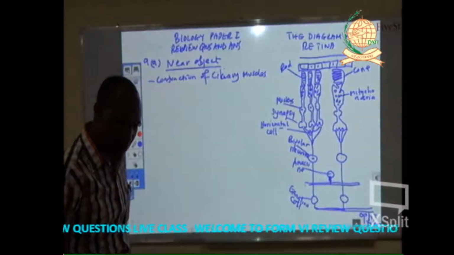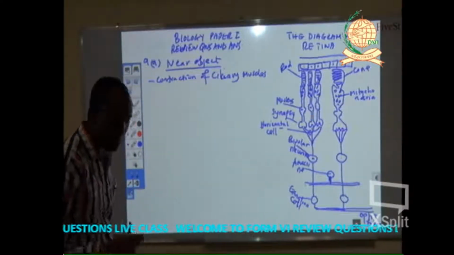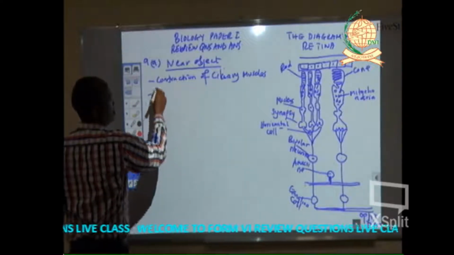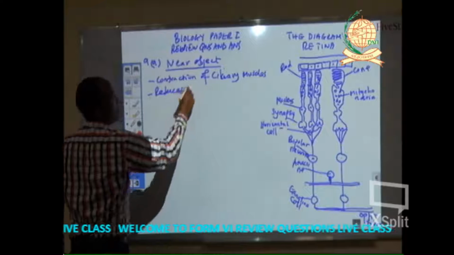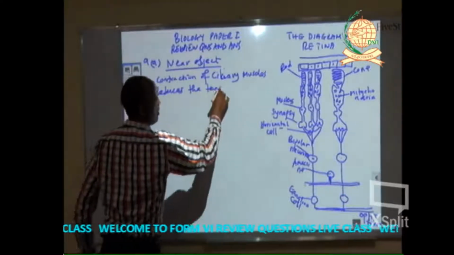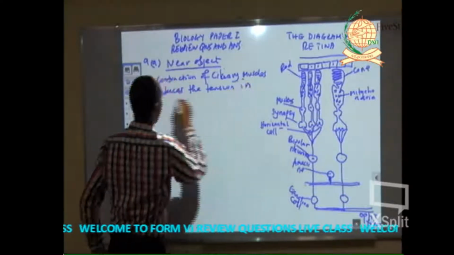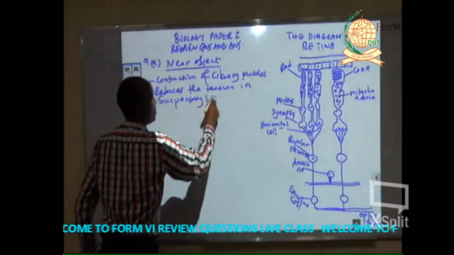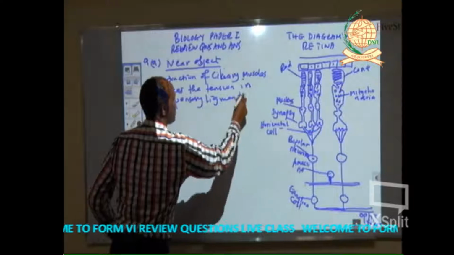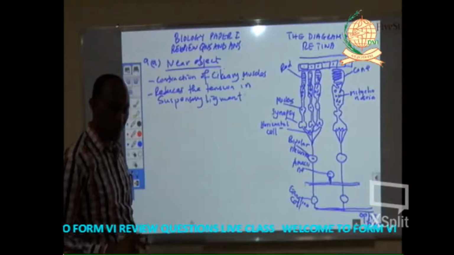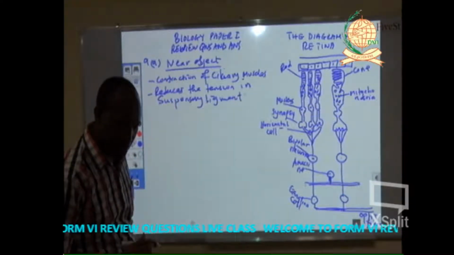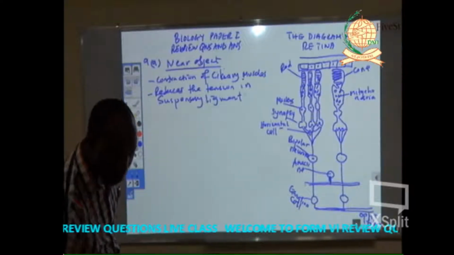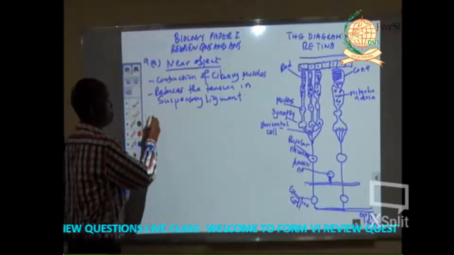This contraction of the ciliary muscle reduces the tension in the suspensory ligament. As the tension is reduced in the suspensory ligament, the radius of curvature of the lens also decreases.